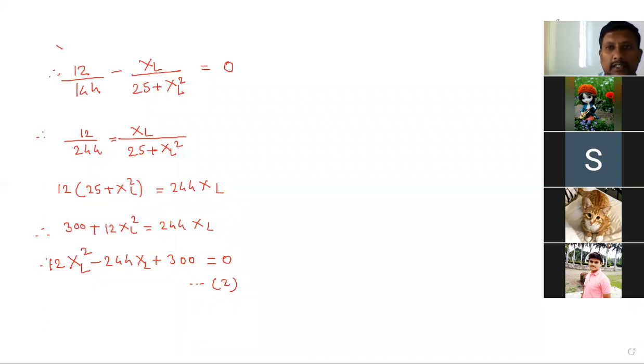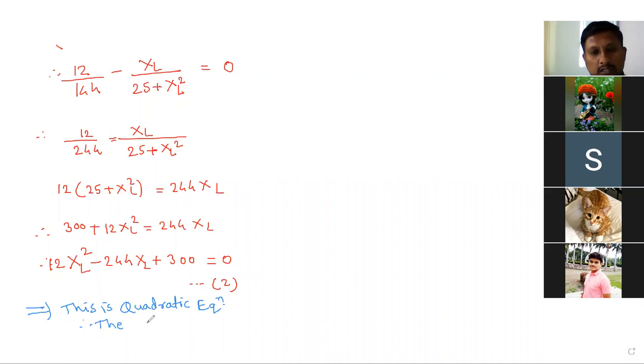So take a calculator and find out the roots of XL. This is a quadratic equation, so find out the roots. Two roots will come because XL is squared.